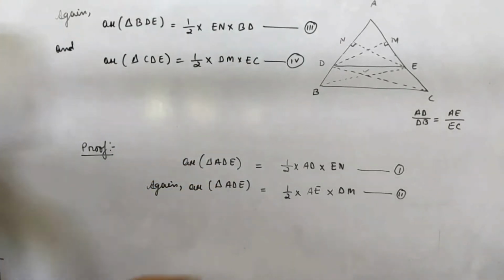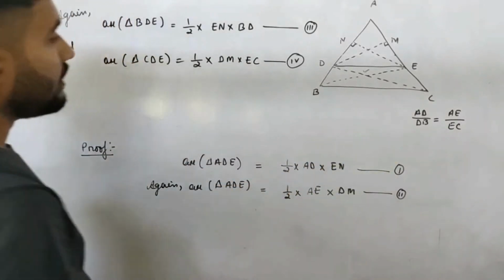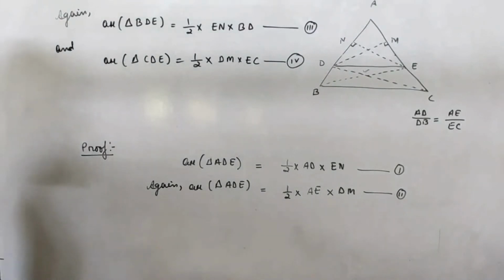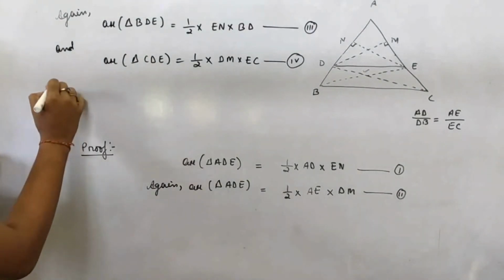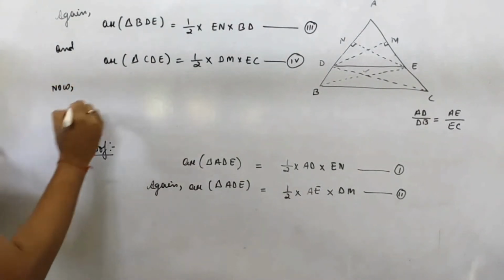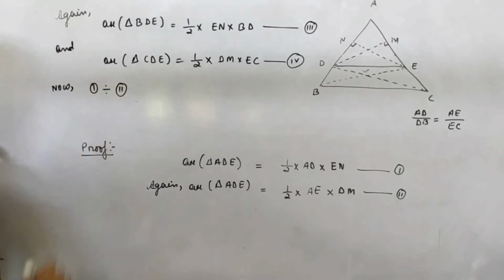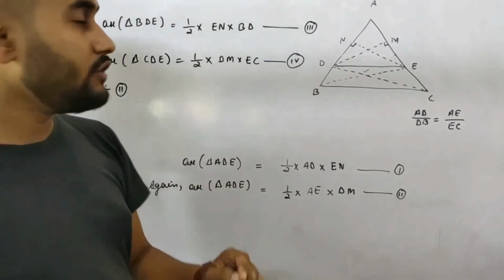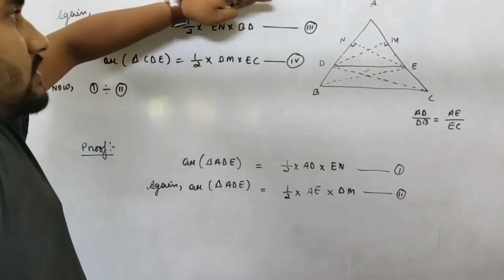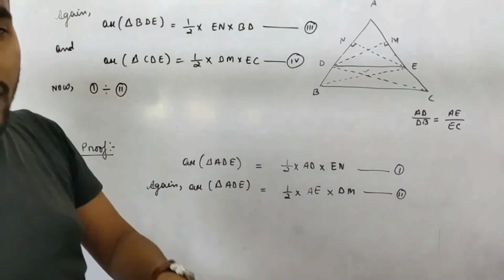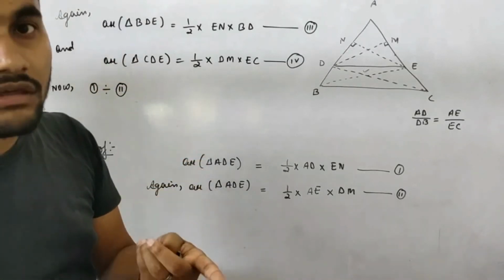So now what do I have to do? If I need AD by DB, I have to do 1 divided by 3. No need to memorize. In your exam you can write this one at first, that one at the bottom; it may happen. And if you memorize 1 divided by 3, it will be wrong.